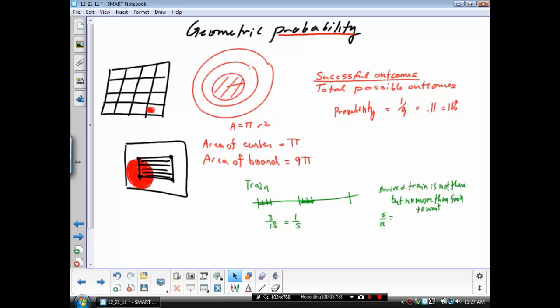Okay? Well, let's give ourselves some dimensions now. They tell me something about this nickel. They give us a dime instead of a nickel. Let's use their dime since they give us dimensions. I'm on page 462. They tell me that my square is 30 millimeters on a side, and that the dime has a radius of 9 millimeters.